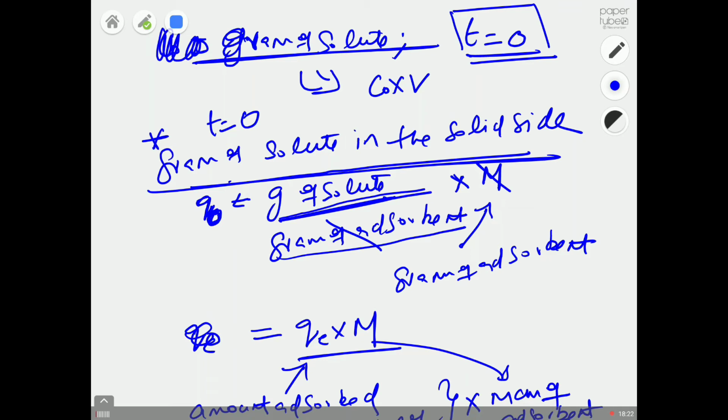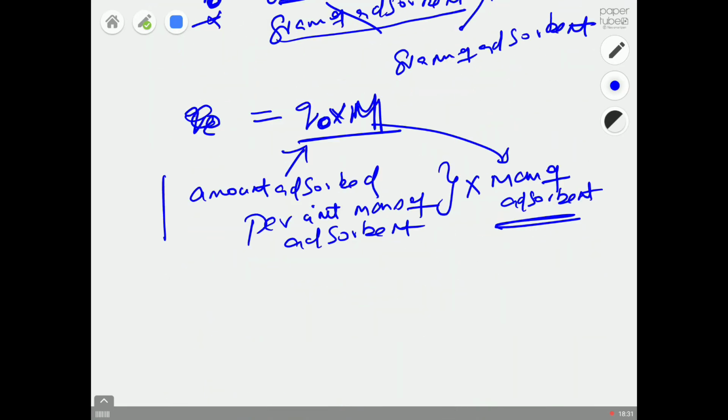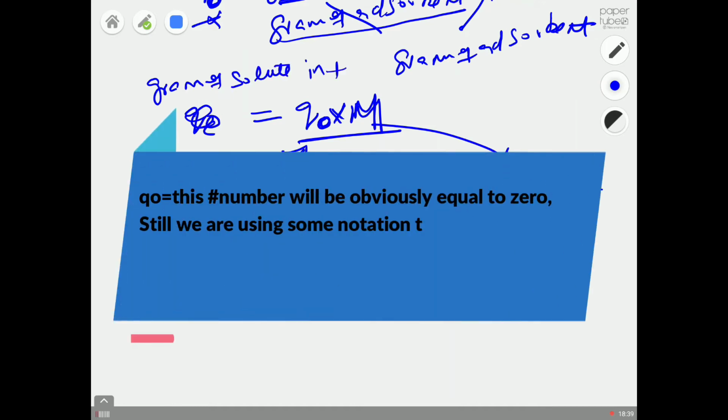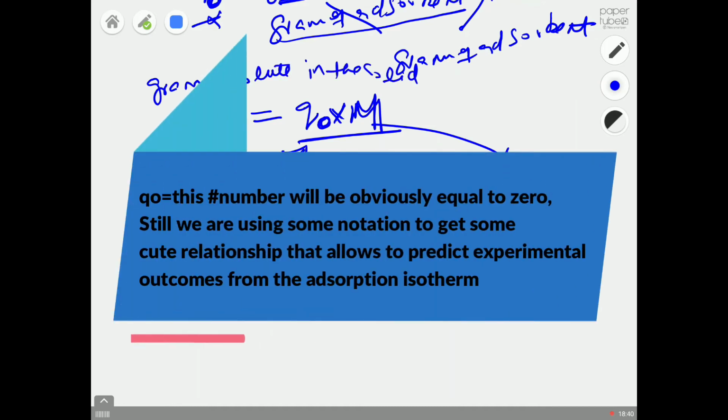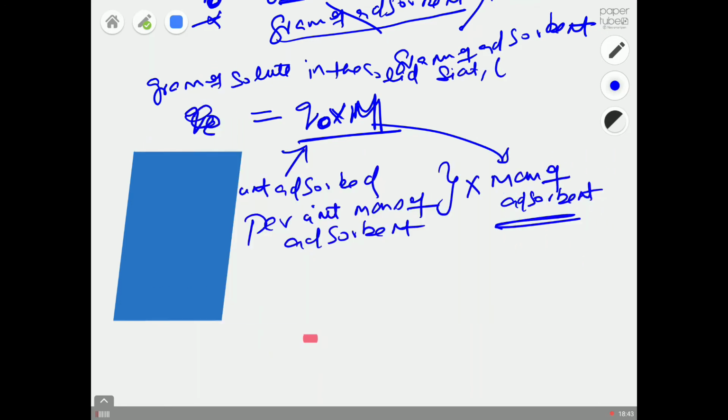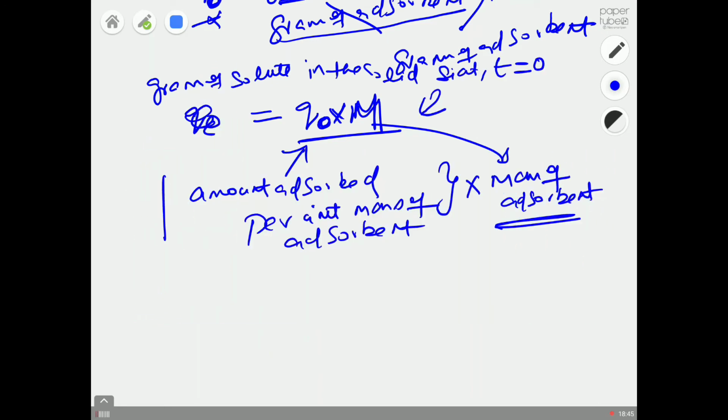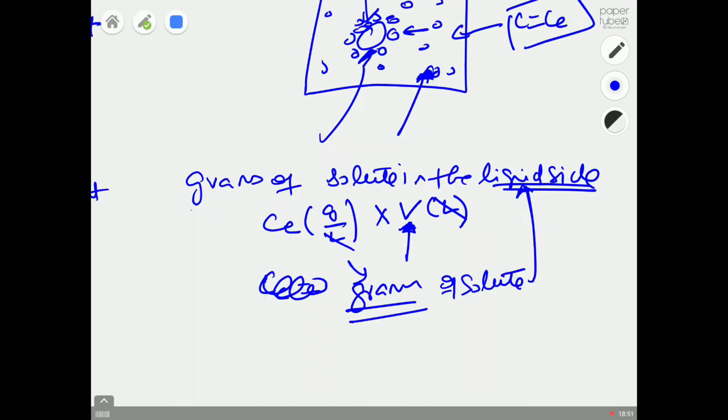And then we multiply this quantity by M, so this will be Q0 multiplied by M. So the grams of solute in the solid side when time t equal to 0 is Q0 multiplied by M. I hope you all can follow this one.